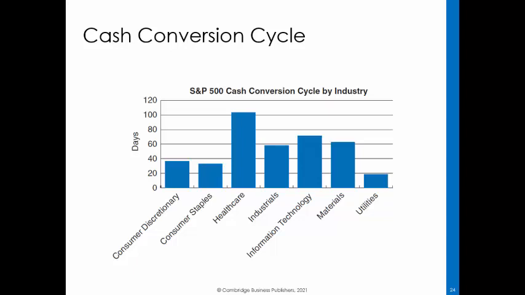The cash conversion cycle for the healthcare industry, for example, is much longer as a result of the extended period of time required to collect receivables from third-party payers such as insurance companies and the government. In contrast, the utilities industry's quick cash conversion results from lower levels of inventory and rapid collection of receivables from customers who typically pay their utility bills within a month.